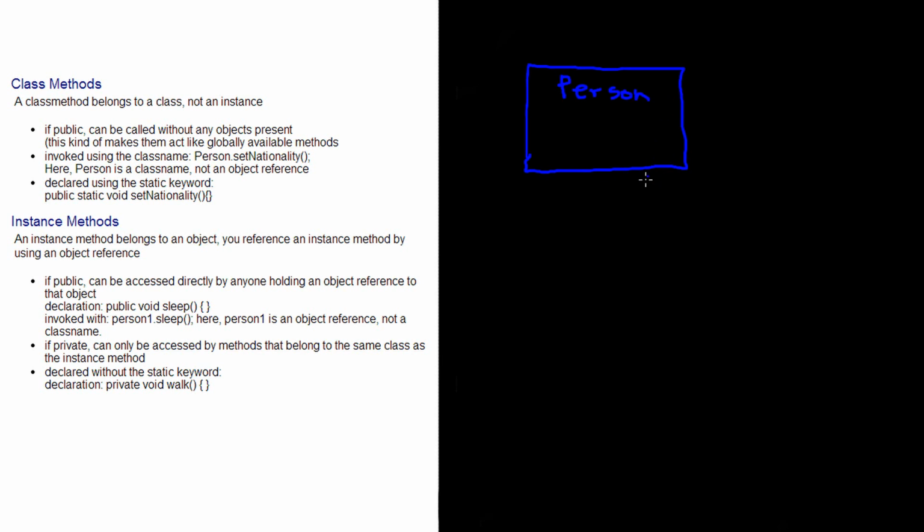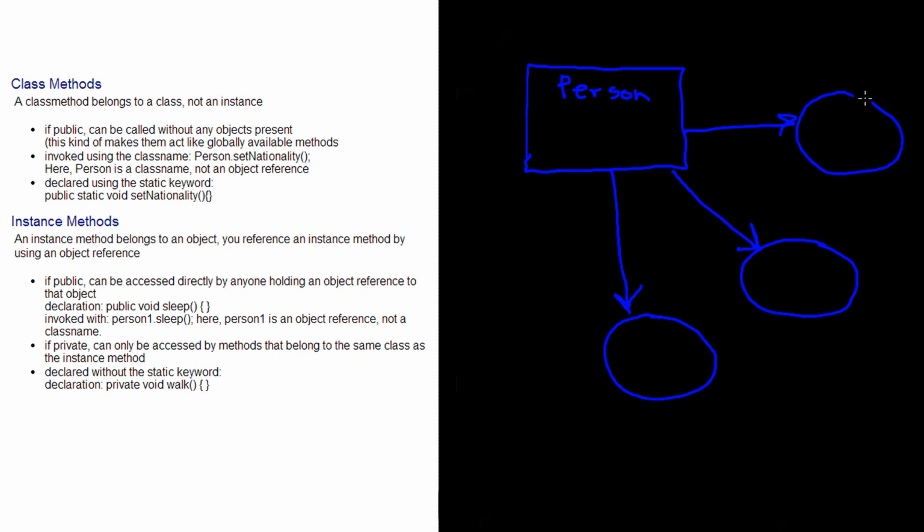And then what happens at runtime is we kick out objects, typically represented as ovals or circles, and we can kick out as many objects as we want from the class once the class is defined. When we kick out an object, we have references to that object.